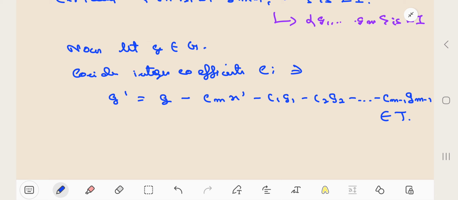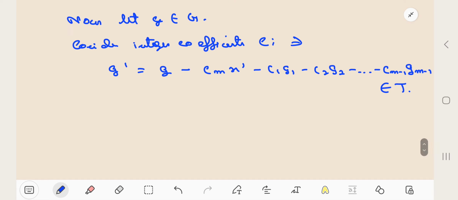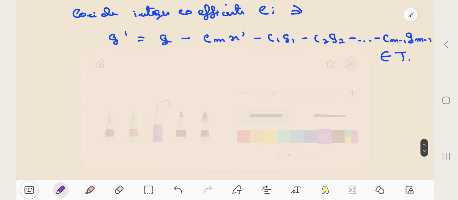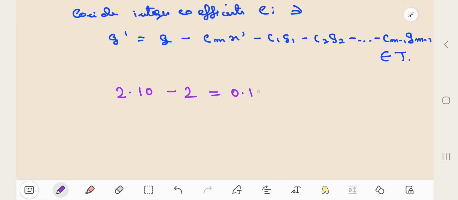But what I can actually do is that whatever linear combinatorial representation of the vector G is, I can simply scale those coefficients down to a real number between 0 and 1 by just removing out the integer portions. What we are typically doing here is that, suppose I have an element 2.10, I can just cancel out the integer portion and bring it to 0.10, which is less than or equal to 1, or in fact less than 1.